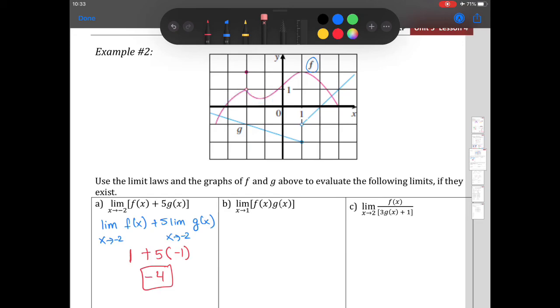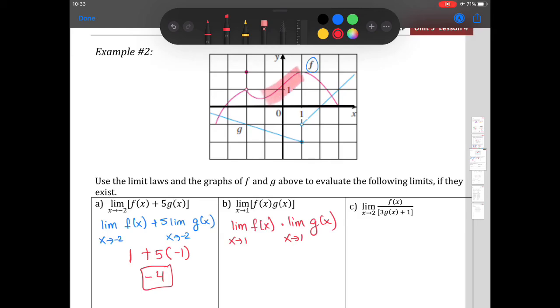Similarly, I'm just going to erase this so we can keep writing over it. Limit as x approaches 1 of f of x times limit as x approaches 1 of g of x. So now I want to find them individually when x is approaching 1 for my f function. So let's trace it from the left.